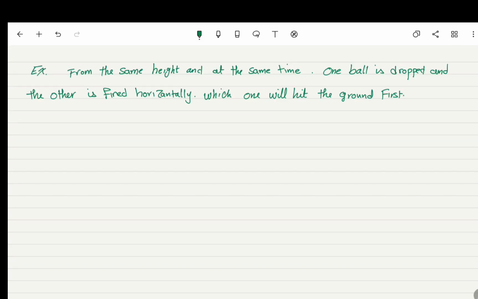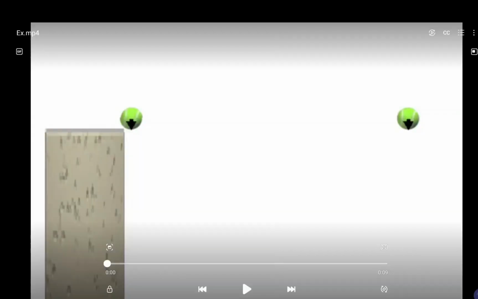Let's have this conceptual example here. From the same height and at the same time, one ball is dropped and the other one is fired horizontally. Which one will hit the ground first? Let's see this model. In this model, this ball is fired horizontally, and this one is just dropped.